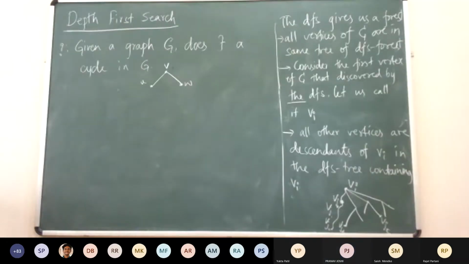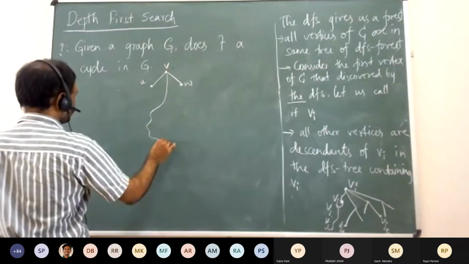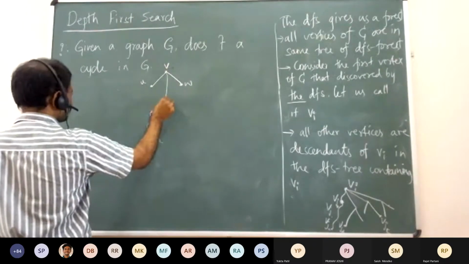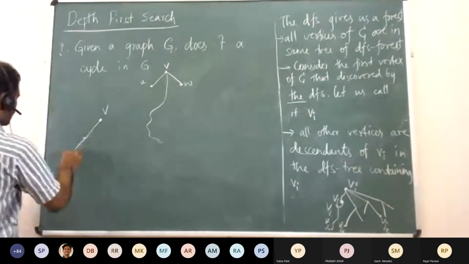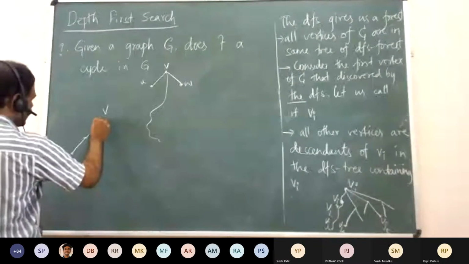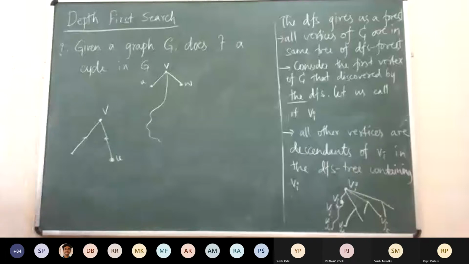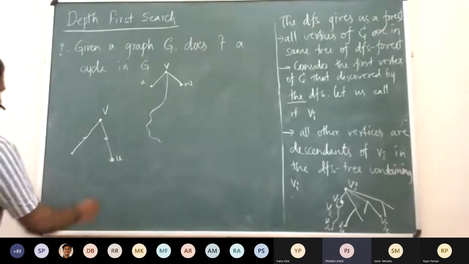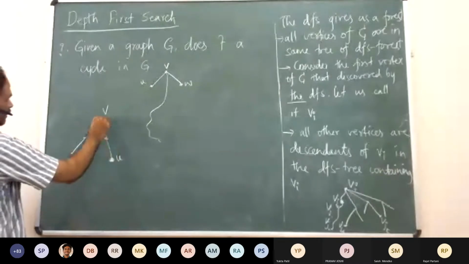So are you planning to say that we discovered V first, right? Then we went to some vertices, and at some point we came to U. We discovered a lot of vertices which do not belong to the cycle, then we discovered some vertices, and somewhere here we discovered U. So you discovered U somewhere here, then you say that UV is a back edge, is it?